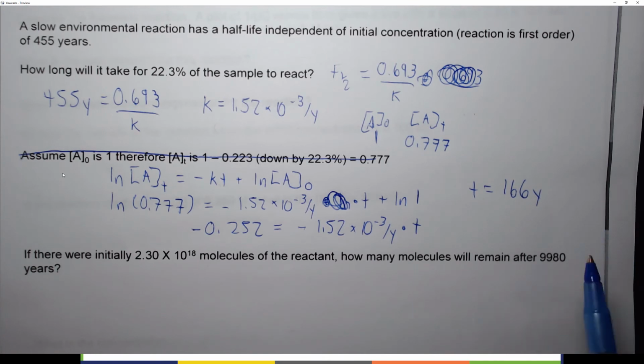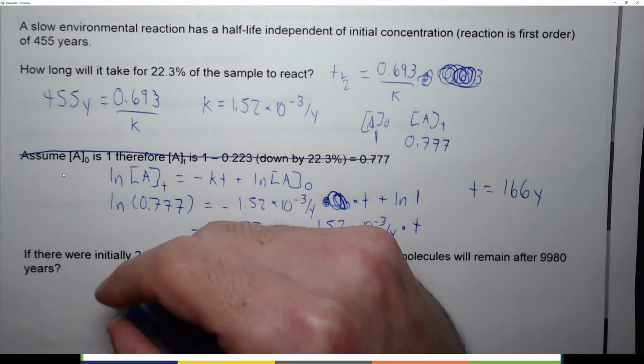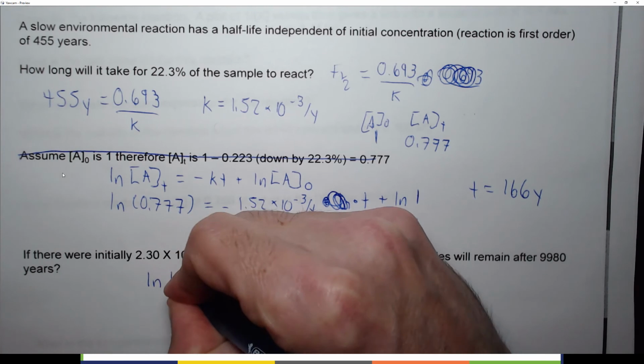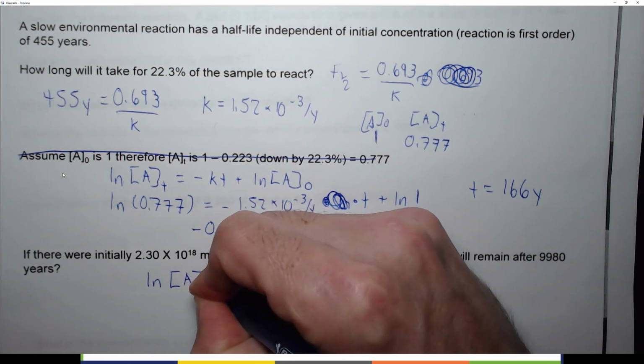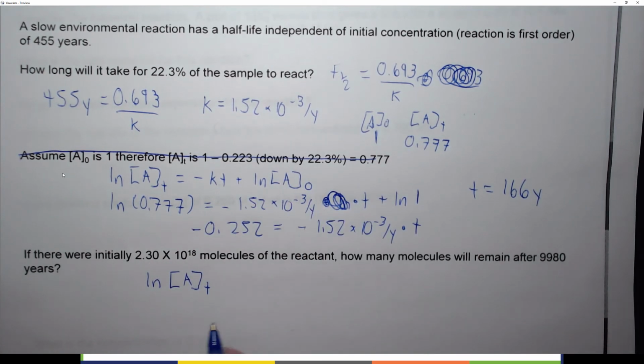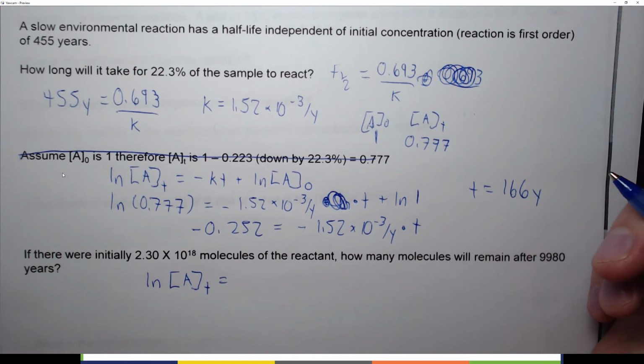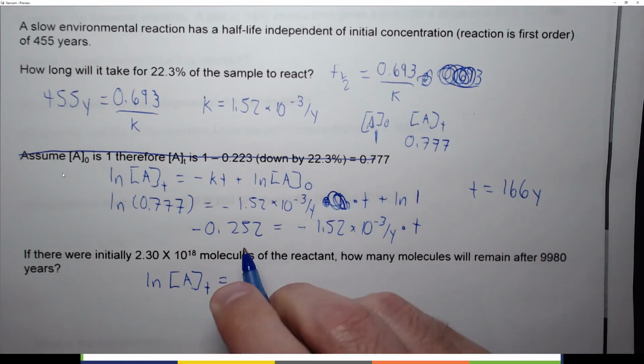The difference is we have a different amount of time and a different variable. The ln of the concentration of A at some T, which is what we don't know, and instead of concentration this time, we're going to use molecules, which is the same, as long as the volume doesn't change, which we assume it doesn't.